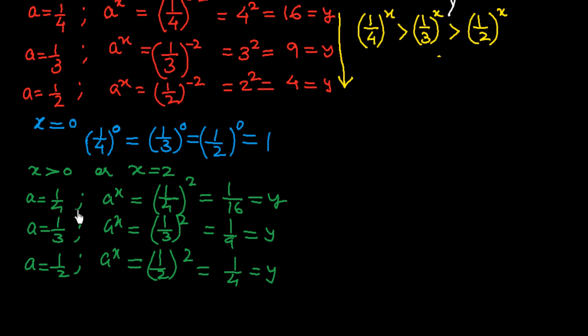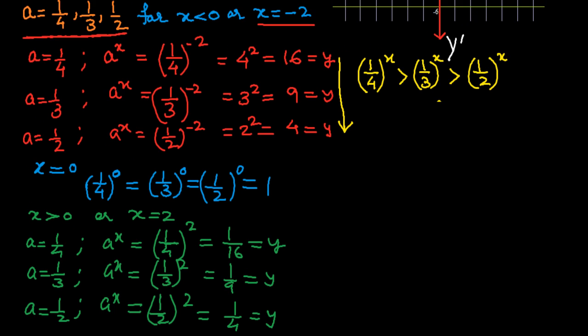So here you see, as we increase a, this here is the maximum value, so the value of these would be minimum. So if a increases, if x is smaller than 0 or negative, then y decreases, a power x decreases.